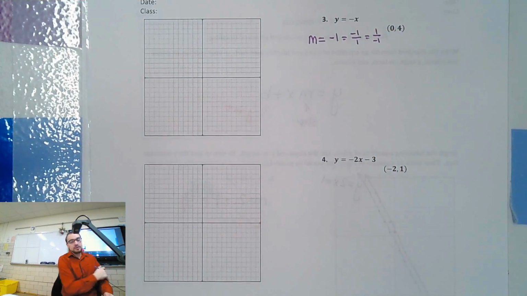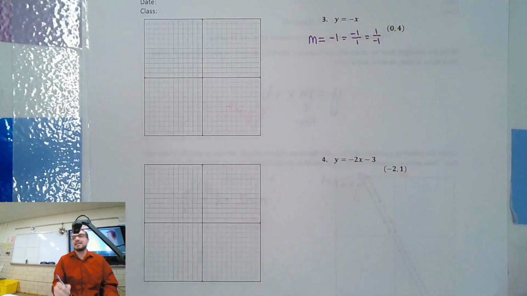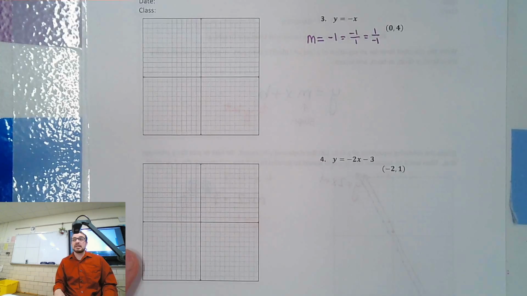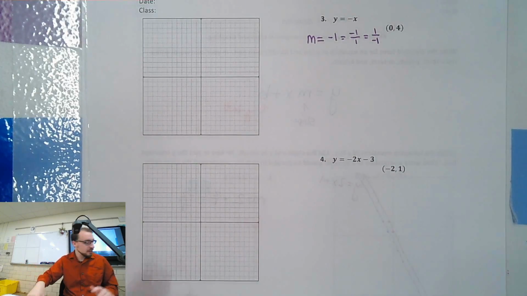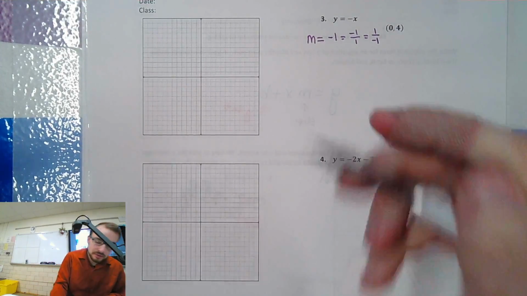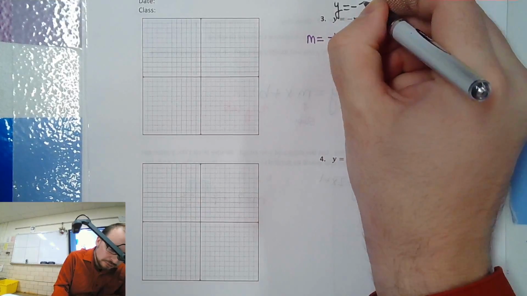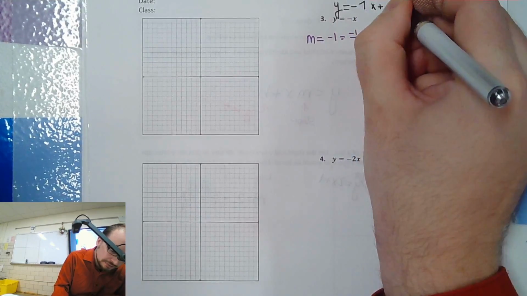You don't need to write all 3. I think it's just handy to have that. Does everybody see why that's negative 1? The last one was y equals x, and we could rewrite it as y equals 1x. This one can be rewritten as y equals negative 1x plus 0.